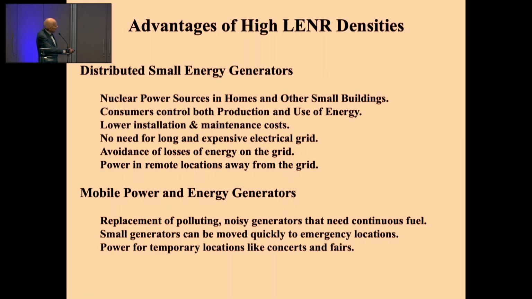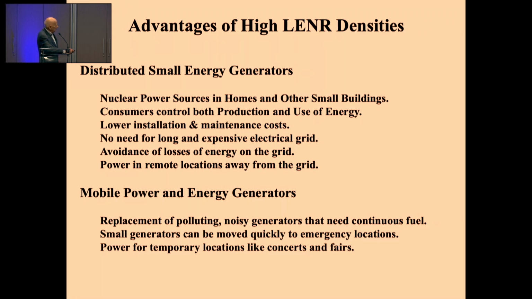densities are listed here, having small energy generators in homes and other small buildings. The consumers would control the production as well as their use of energy from a nuclear power source, not a large facility many, many miles away. Lower installation and maintenance costs, no need for the electrical grid. It would be in your home. And of course, the grid is lossy, so they avoid the losses there.